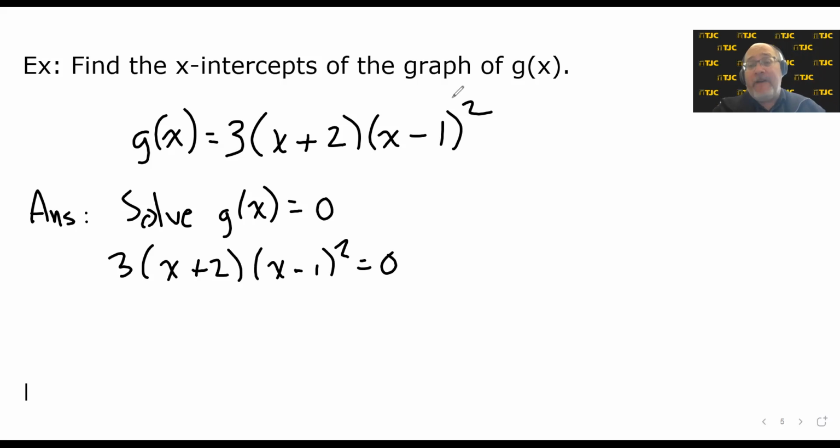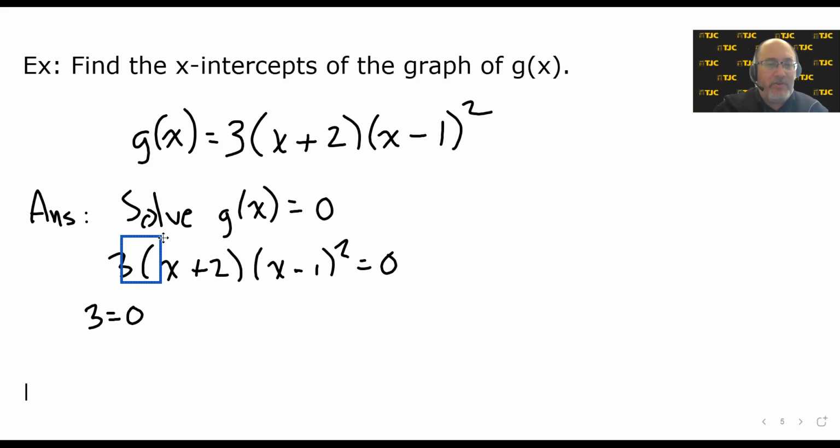Now, this is already factored, meaning that it's already a multiplication problem, and it's equal to 0, which means we can just set each factor equal to 0. The first factor is 3. And technically speaking, being a factor, we're supposed to set it equal to 0. I want to pause there for a second. Actually, let's set all the factors equal to 0 first.